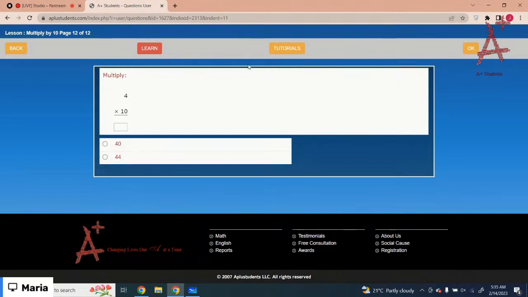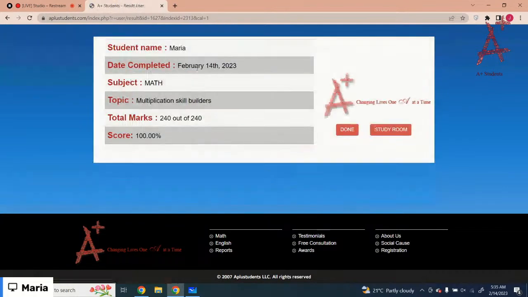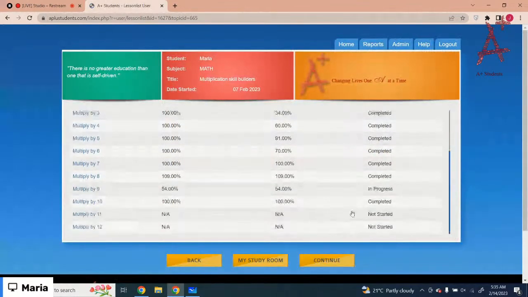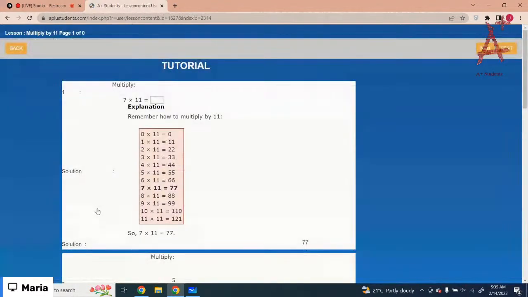Okay, let's just move on to the next one. The next one is multiply by 11. So multiplying by 11 is very easy.